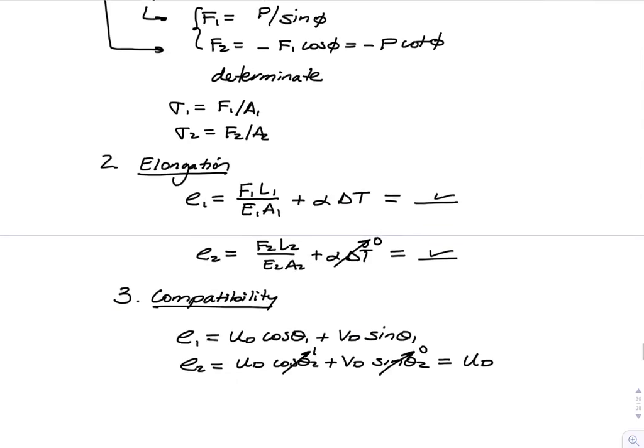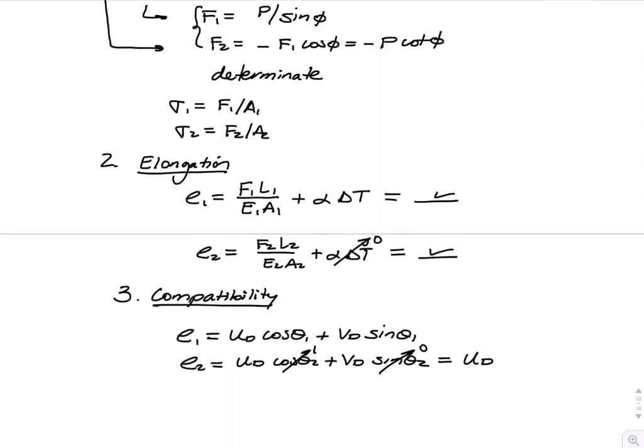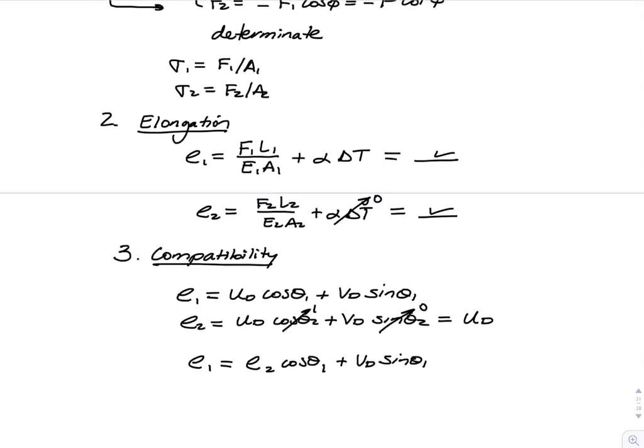And so since we have U sub D, we can say then that e1 equals U sub D cosine theta 1 plus V sub D sine theta 1, and I apologize, this should be a cosine of theta 1, and from this we know what e1 and e2 are.